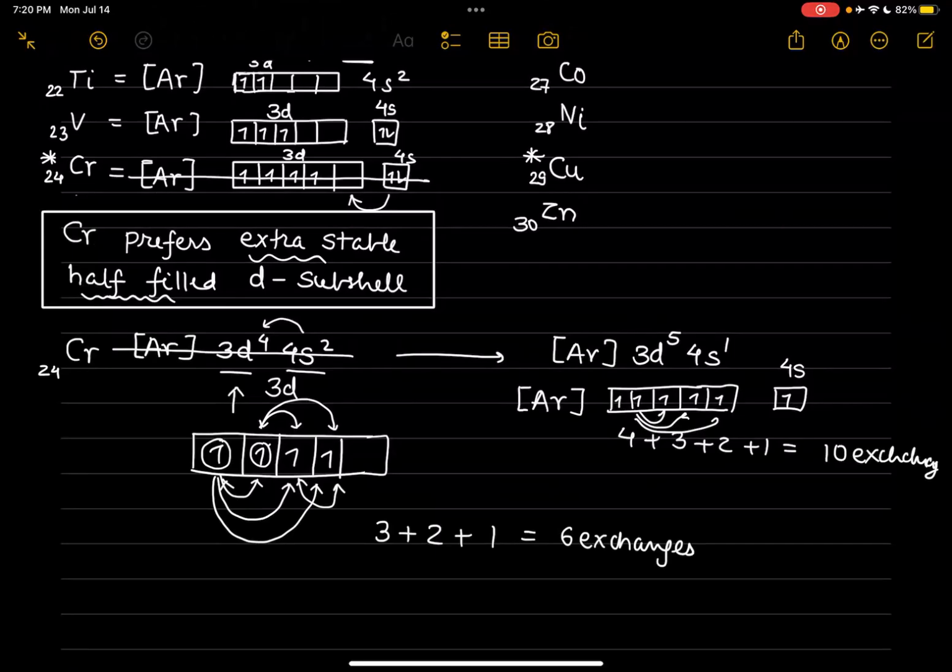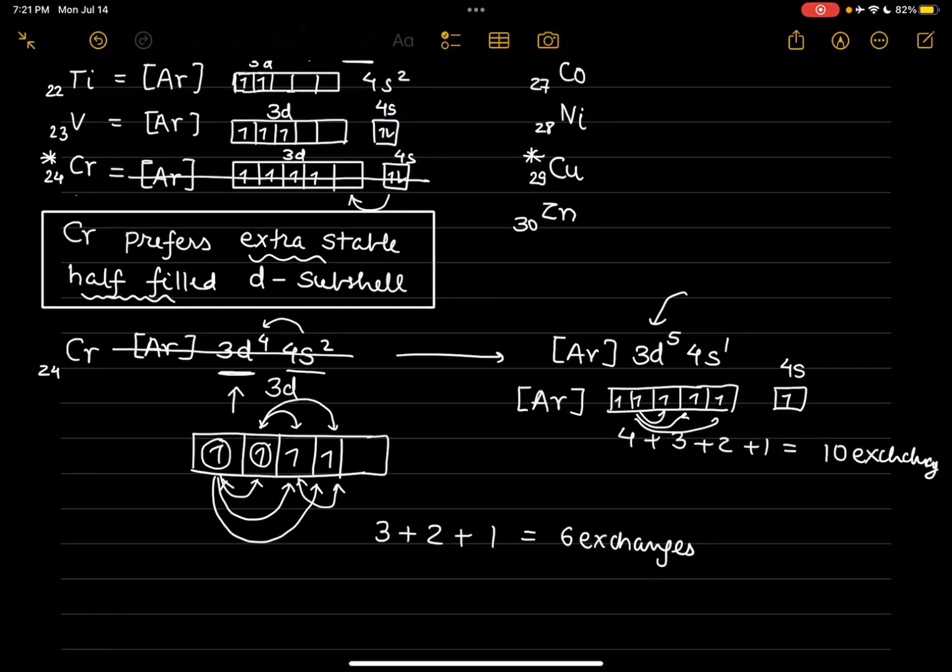If somebody asks why they are more stable, you write that because of the higher number of exchanges, the d5 subshell will have more exchange energy, more extent of stabilization, than d4, which has fewer exchanges. 6 exchanges there and 10 exchanges here just by moving one electron, and these exchanges release energy. That is the more detailed way of saying it.